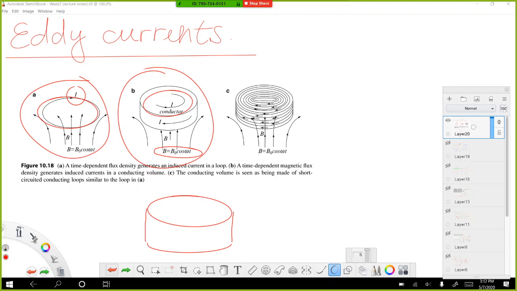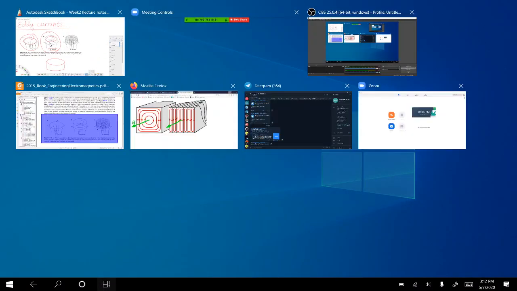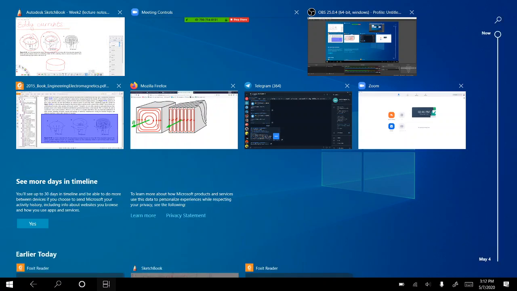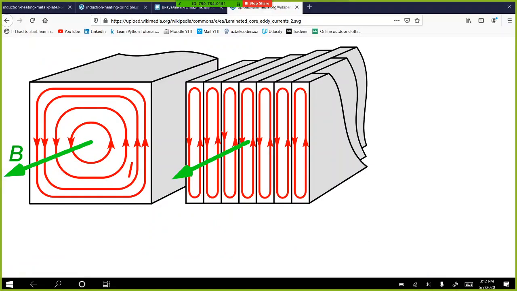Well, the application of eddy currents is very diverse, and one of the applications is in induction heaters. Okay, here you can see another demonstration of eddy currents.